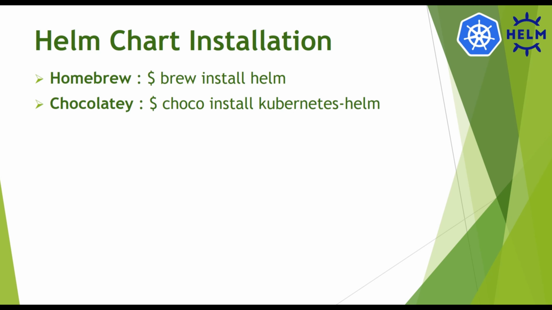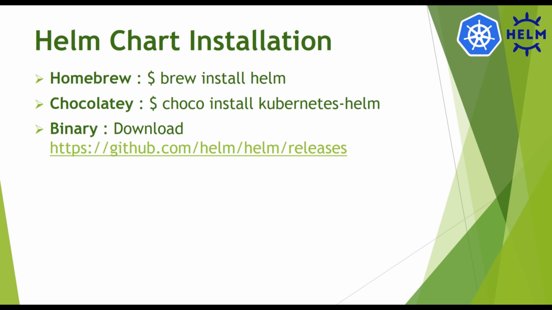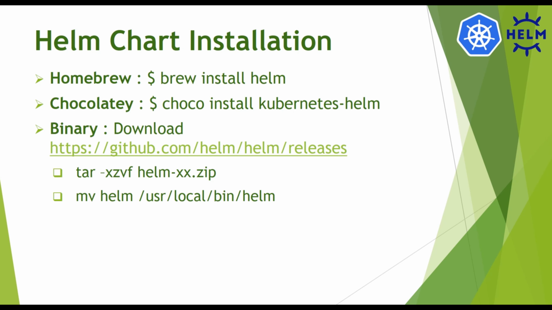If you have Chocolatey configured in your Windows operating system, you can just run choco install kubernetes-helm. But I would recommend, if you want to go with a specific version, you have to go with the binary approach. Just download a specific version from the GitHub page of Helm, unzip that, and move the helm binary to your user local bin, and your Helm is installed.